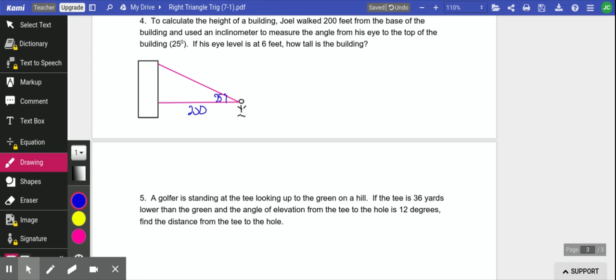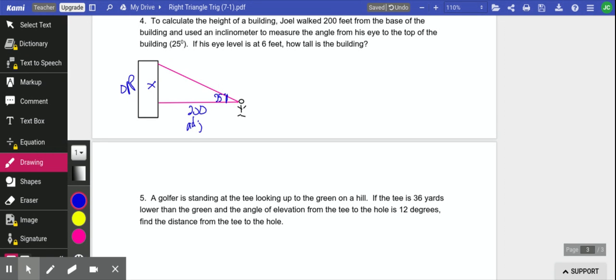Now, I'm going to call this X here. So we see this delightful triangle that I've drawn. And I think we have enough information to solve this, to find out what X is. So from this angle, X is the opposite side. Over here we have the hypotenuse. We don't know what that is. 200 is the adjacent side.